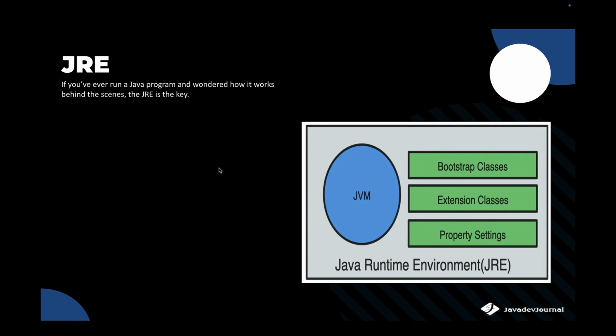Then our JVM reads that bytecode, loads it into the JRE, and converts it into machine specific code. So it basically takes care of the platform independence. And then finally the JRE covers both the JVM and the library capability and runs the program. And finally I'm going to see that output on my screen.